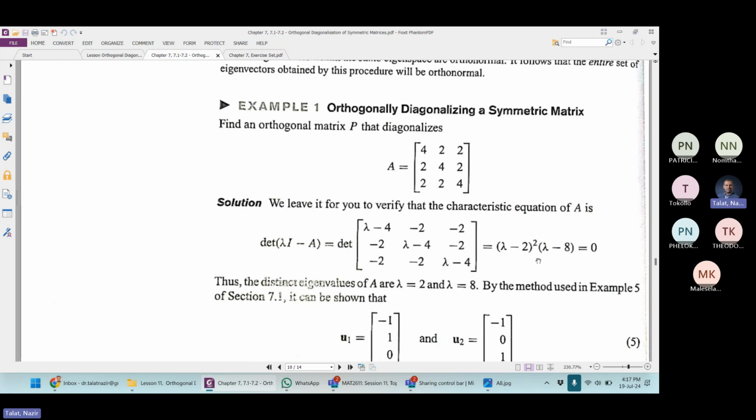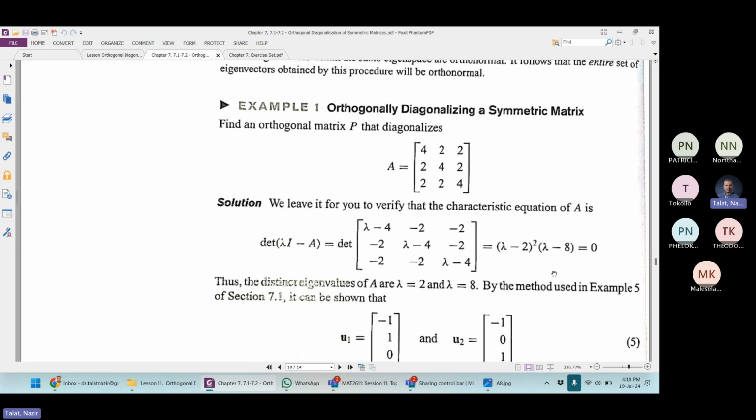These roots always give us the eigenvalues. It should be three, but in this case the lambda equal to 2 is repeated. So the eigenvalues are 2 and 8.